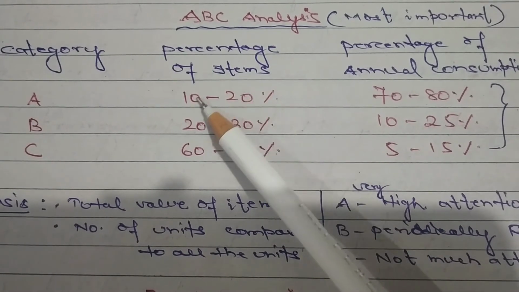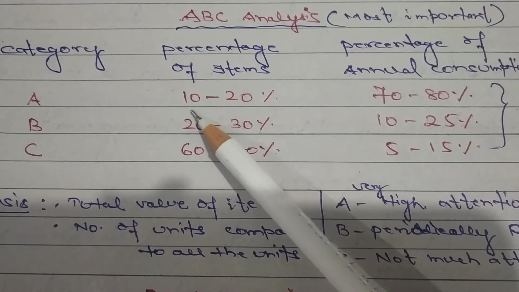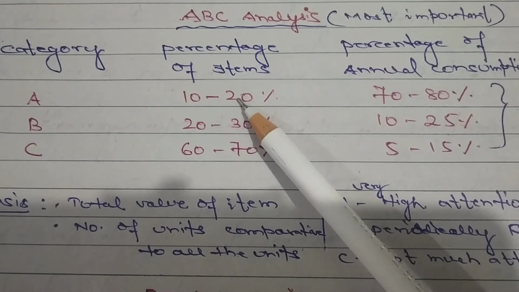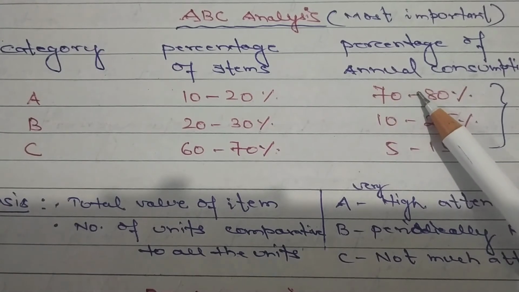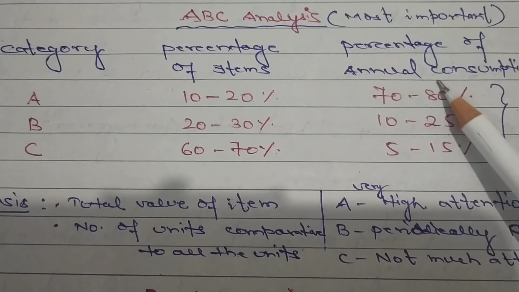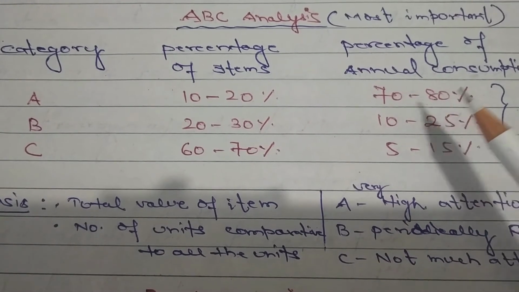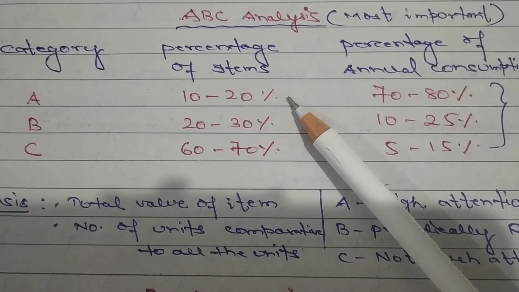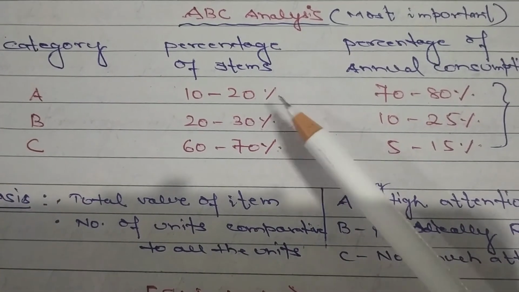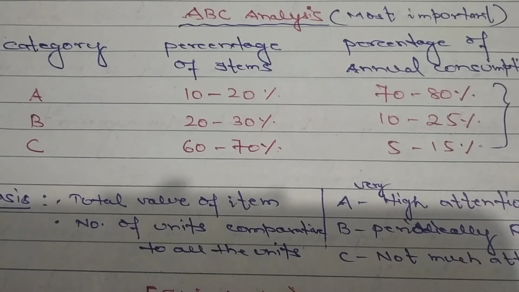So if 100 items are there, it could be possible 10 to 20 items come from the A category, and the total value of those items is almost 70 to 80% of 1 lakh. So it is 70 to 80,000. So you have to focus more on the A category. For A category items you have to pay very high attention.